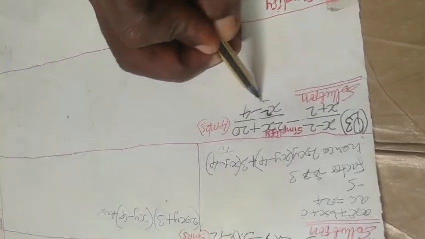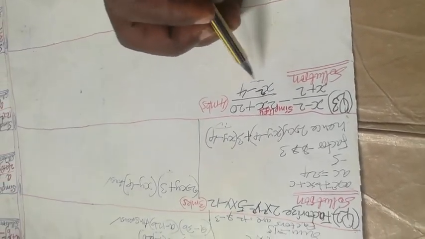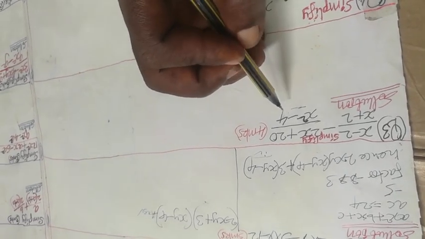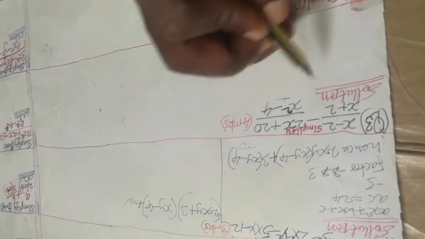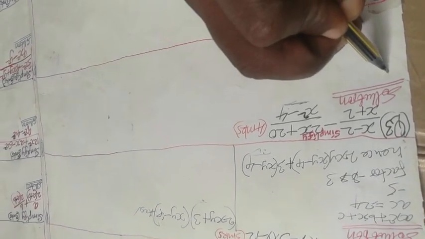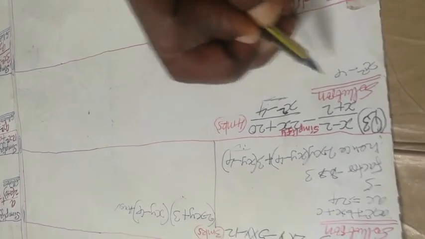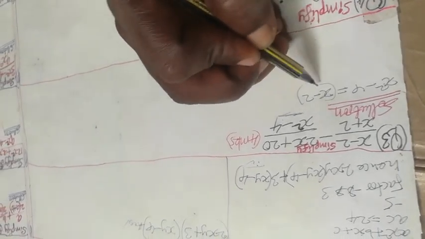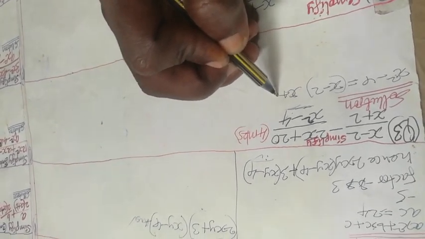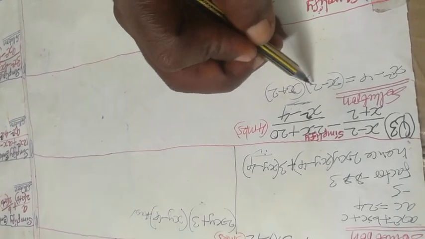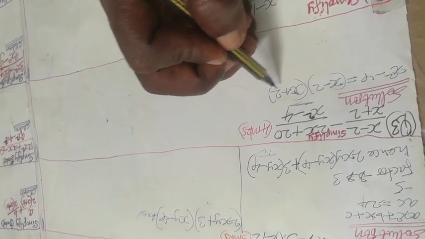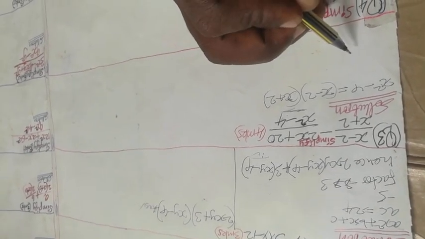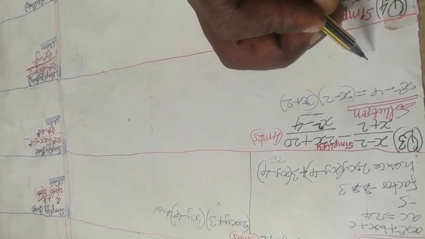Hence, this part, x squared minus 4, is the same as x minus 2 into brackets x plus 2, because we are looking at the difference of two squares.